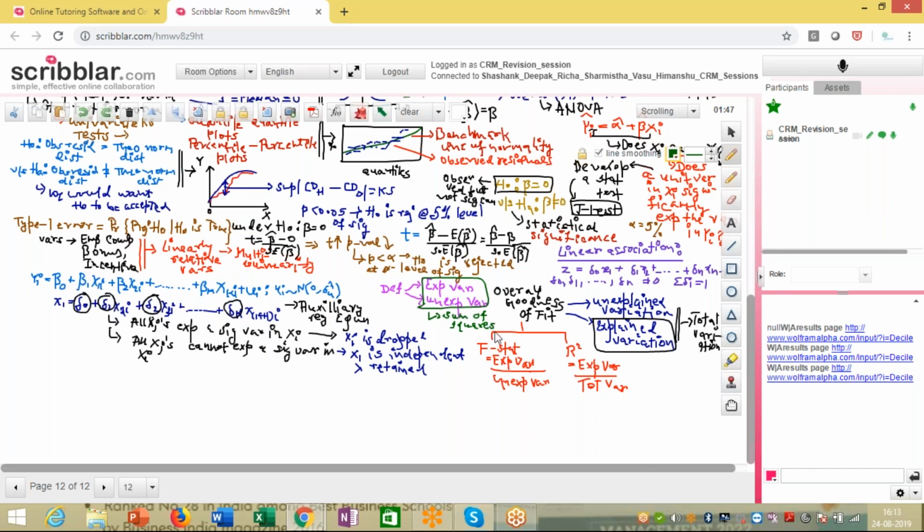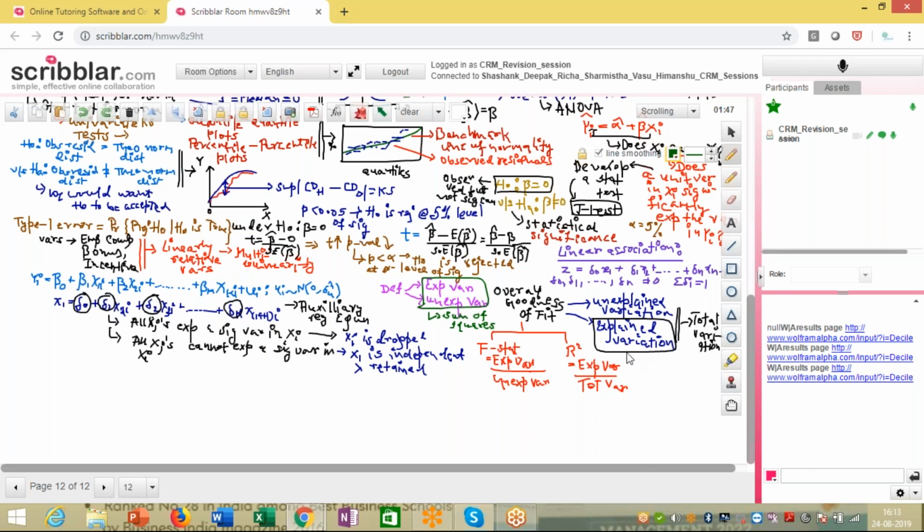So we first need to define the concept of sum of squares, and after that we'll talk about explained, unexplained and all this.